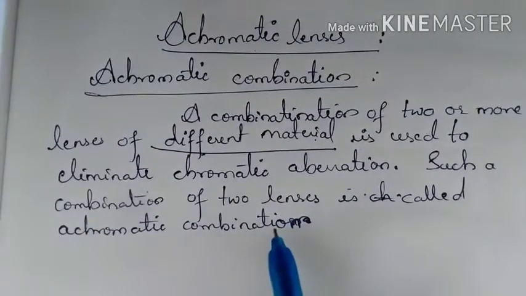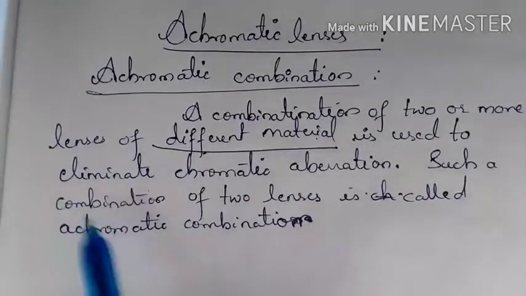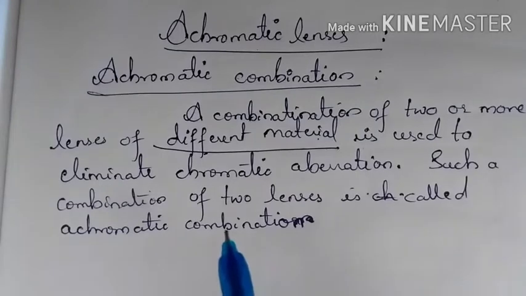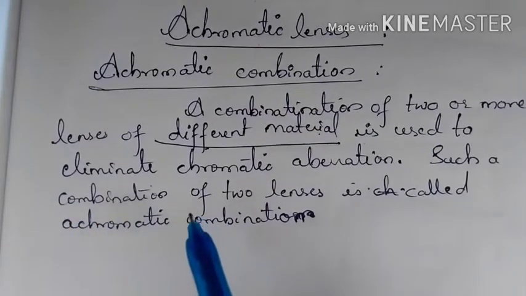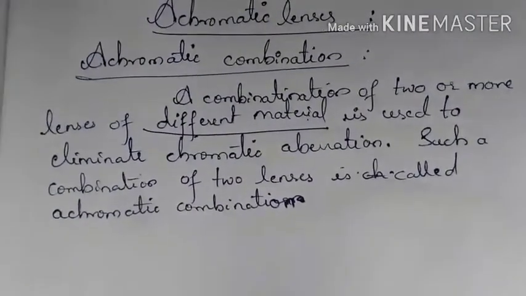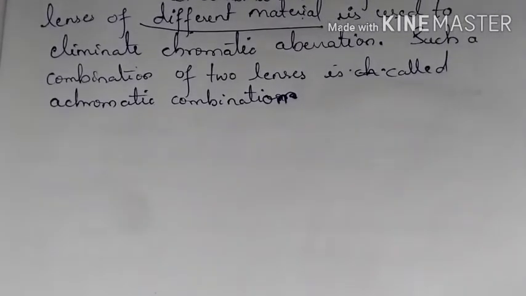Here you are using a combination of 2 lenses, and this combination will minimize the chromatic aberration that we have already learned. To eliminate chromatic aberration, if the violet rays and the red rays fall at a single point, then there will be no longitudinal chromatic aberration and no lateral chromatic aberration.